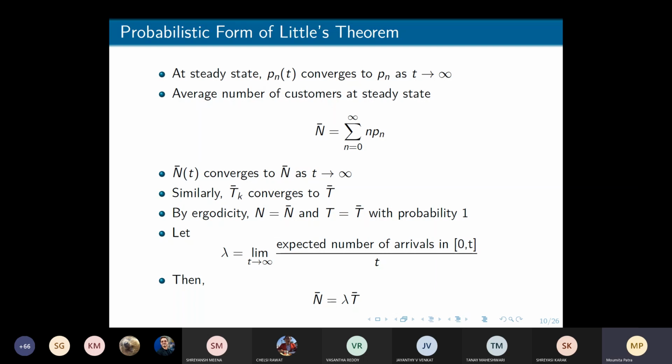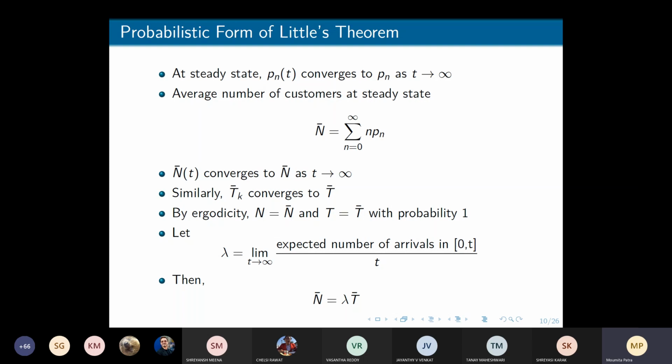Or let me put it this way: if a process follows the property of ergodicity, then the experimental time average of the process converges to the theoretical mean of the steady state distribution with probability 1.